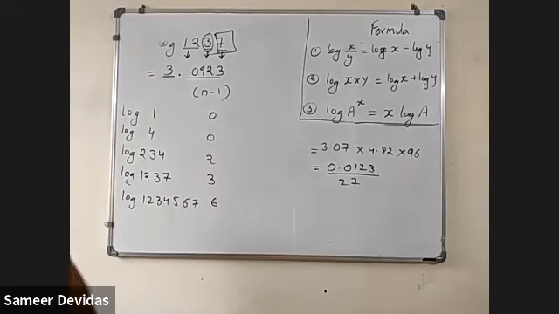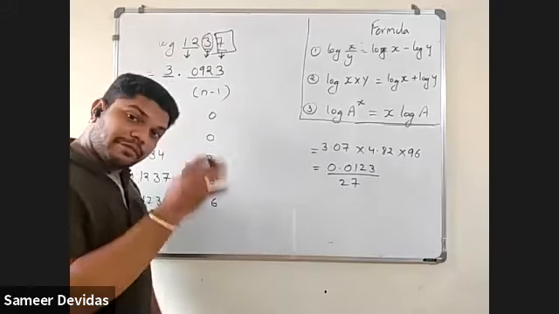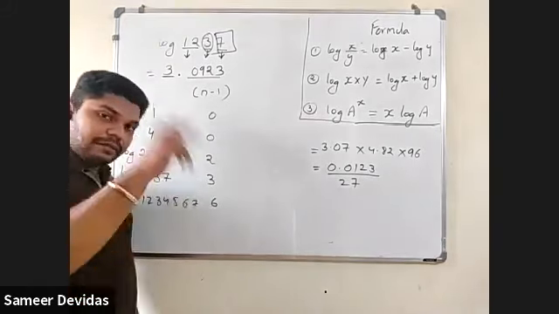Now we'll go with the decimals. You first note down this. Everyone note down this. This n minus 1 only happens in the case where no decimals are present. First I'm going to teach you this, then I will tell you how it changes with decimals.